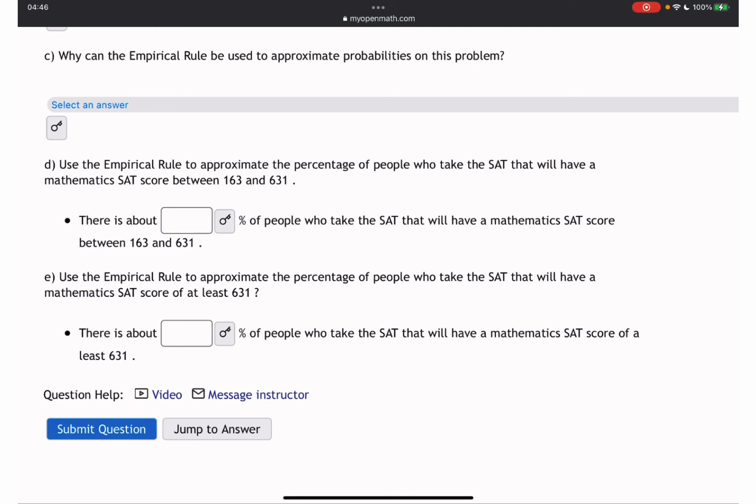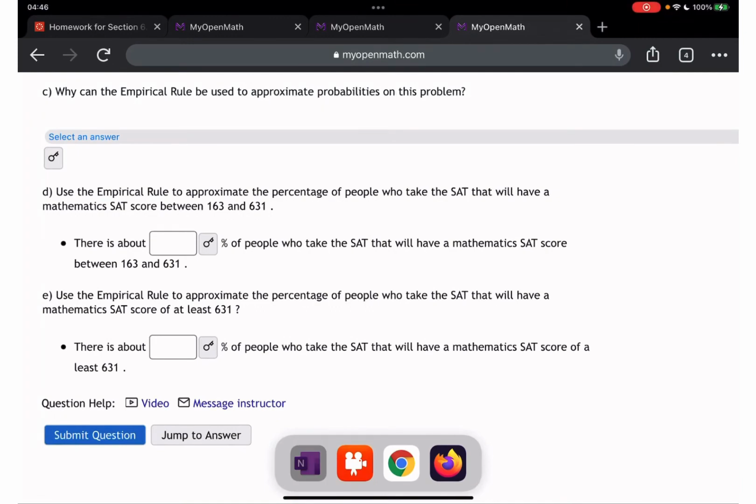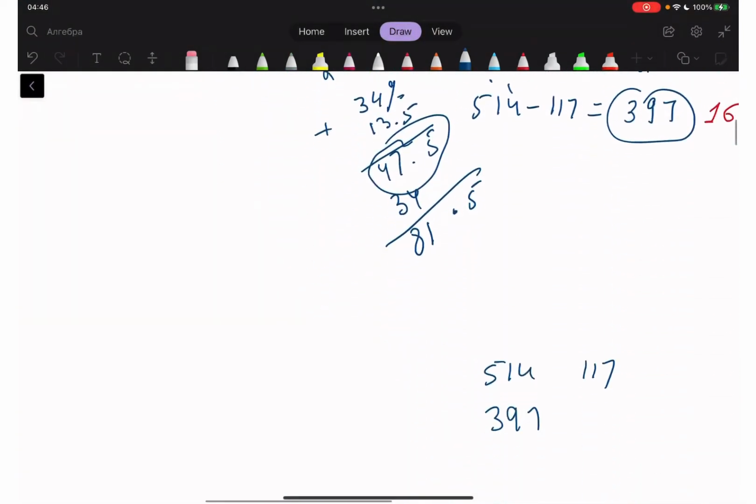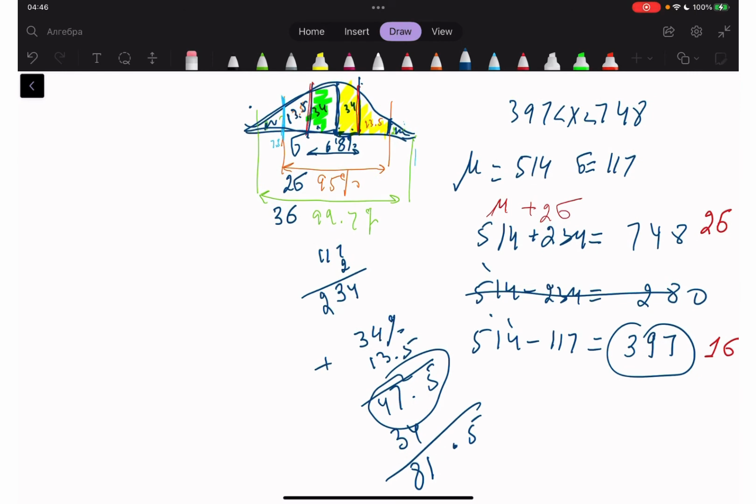Use the empirical rule to approximate the percentage of people who take the SAT that will have a mathematical SAT score of at least 631. Okay, let me write down 631.